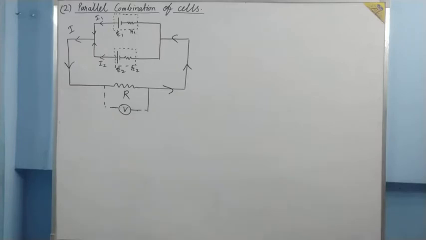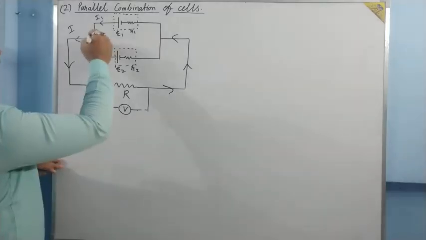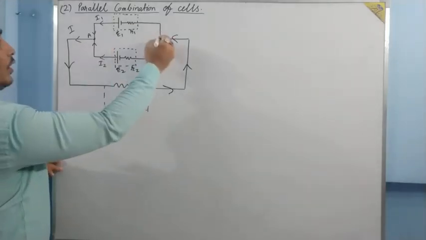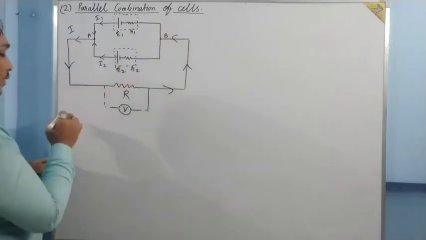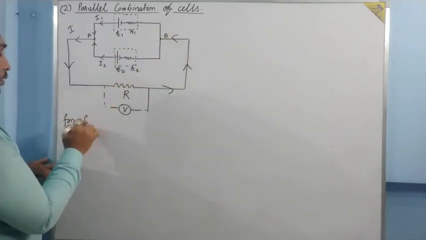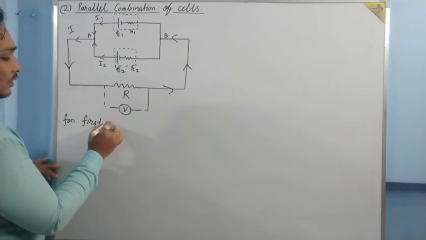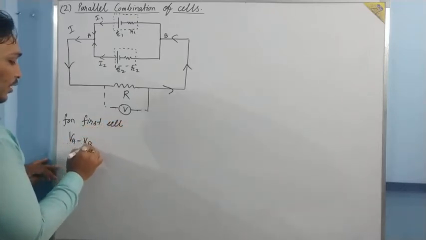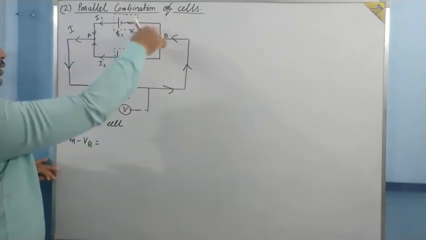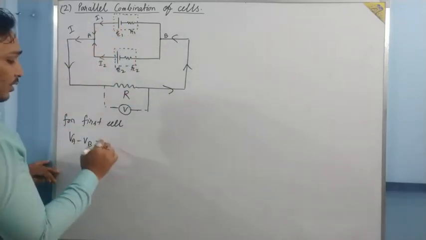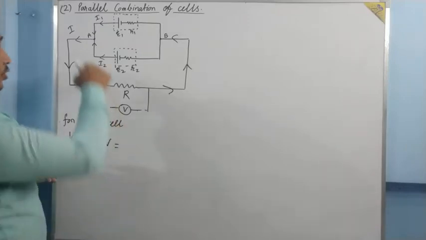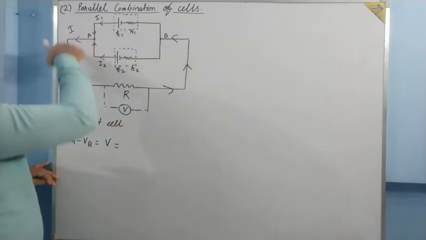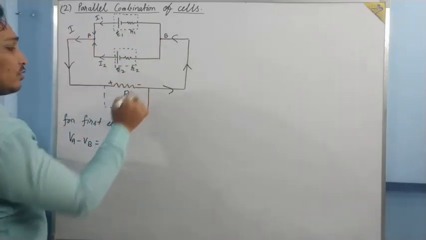Okay. Now for the first cell, let this point be A, let this point be B. For the first cell, VA minus VB, this is the branch in which the cell is connected, can be written as V because A, B are the points which are connected to the resistance also.